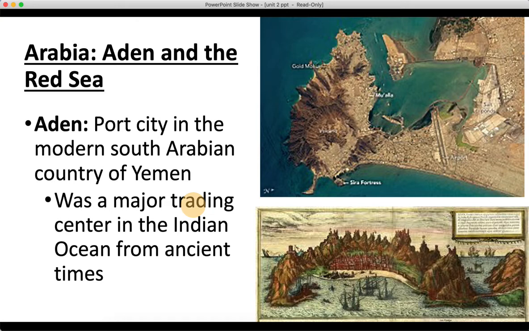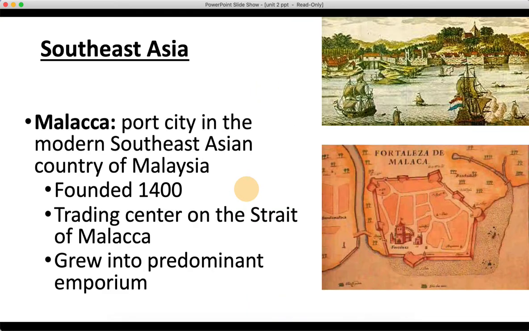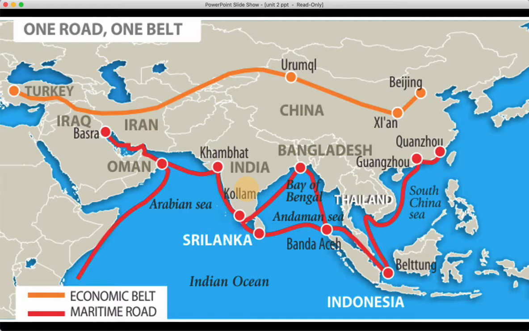So in Arabia, you have Aden and the Red Sea. So Aden is a port city. It's going to be a port city located in what's modern day Yemen. So let me see, where's my maps? So Aden was located right here.